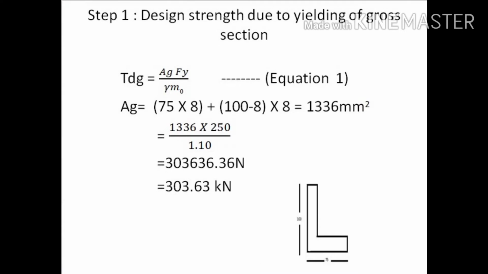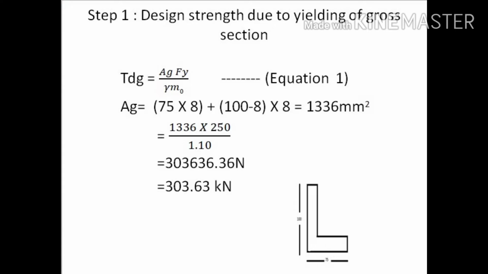Design strength due to yielding of gross section. So from IS 800 it is provided that Tdg, design tensile strength due to gross yielding, is equal to Ag Fy by gamma M0.